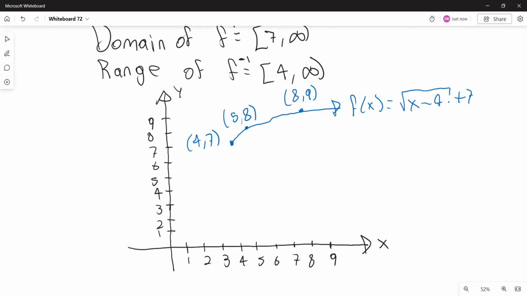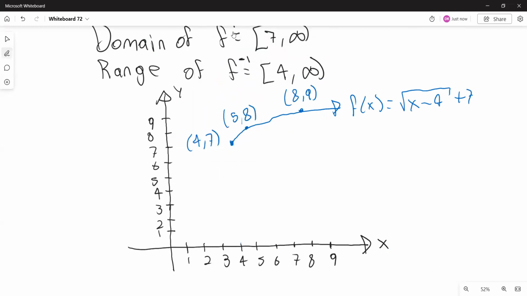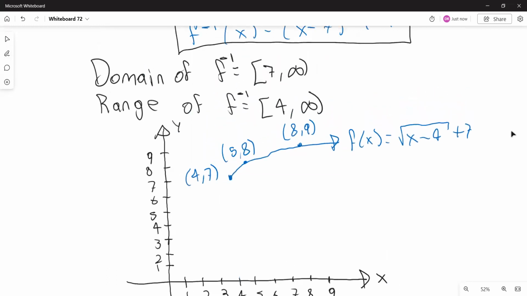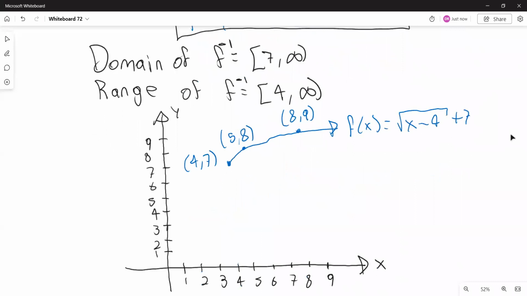And if we restrict the domain, the graph of x minus 7 squared plus 4 is going to be the graph of x squared shifted 7 units to the right and 4 units up. So the vertex of that parabola is going to be 7, 4.